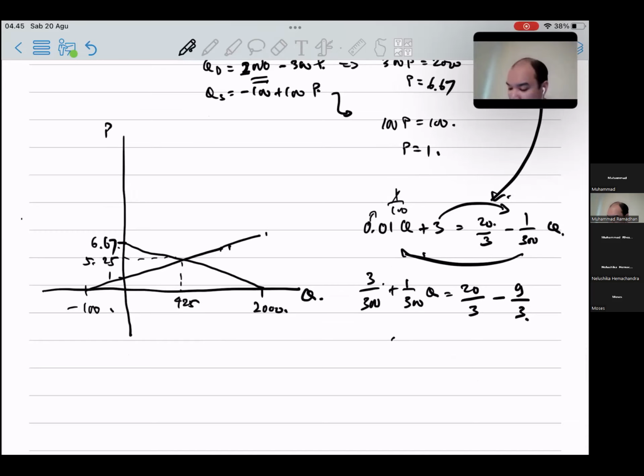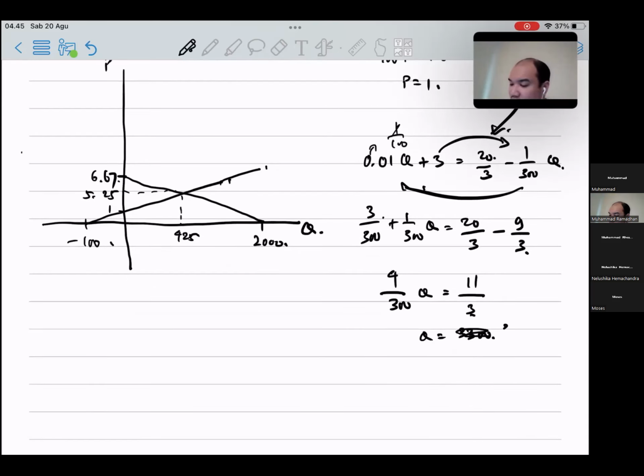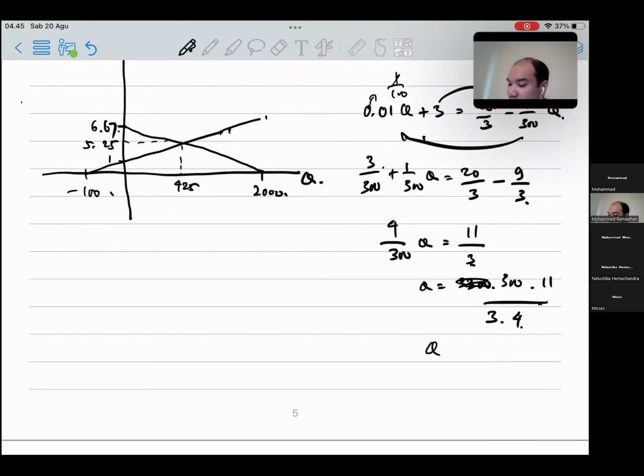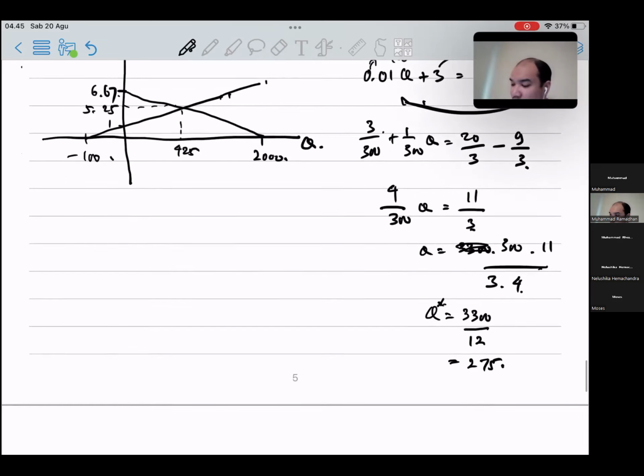So you have 4 over 300 Q equals 11 over 3. So Q is 11 divided by 3 multiplied by 300 over 4, which is 275. So this is the new equilibrium Q after tax.